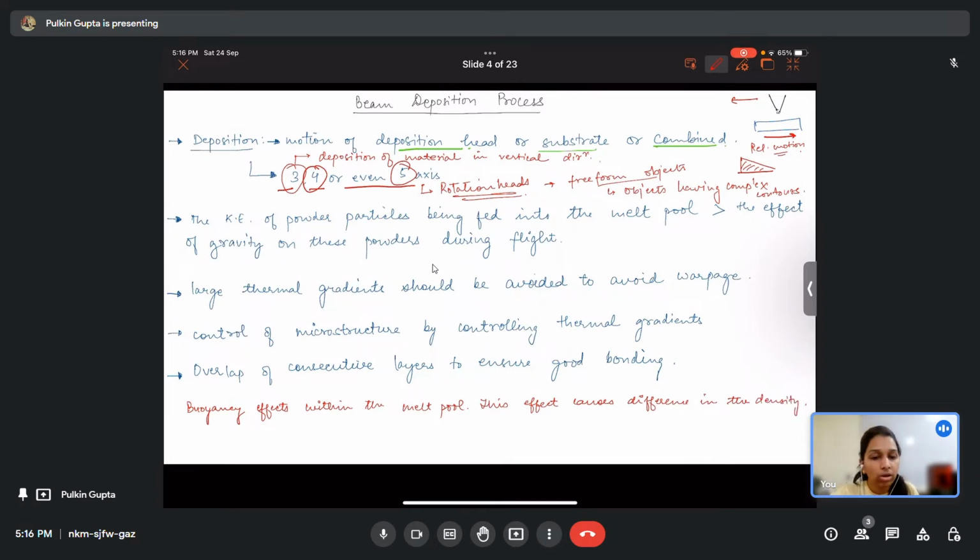Okay, now because of this, your powder particles can move and come towards the surface.